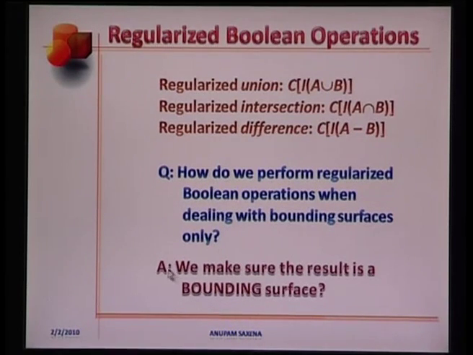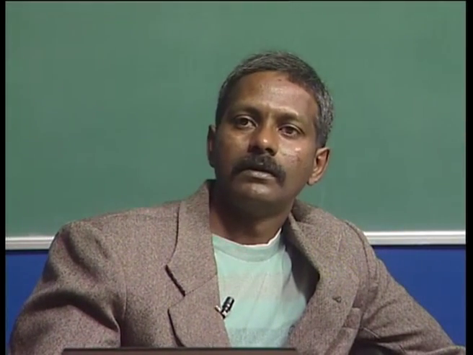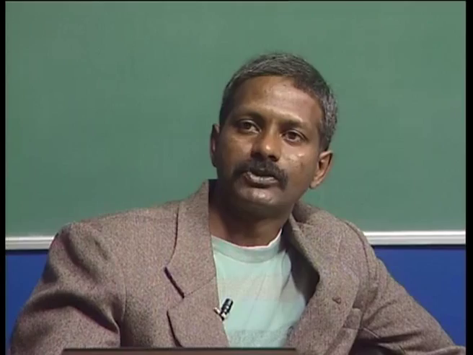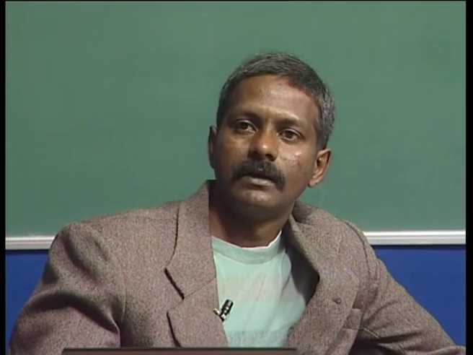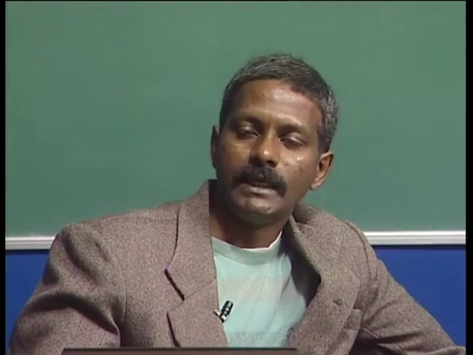How do we do that? Well, we have a tool. Recall the winged edge data structure. All we need to do is ensure that the winged edge data structure is properly structured.